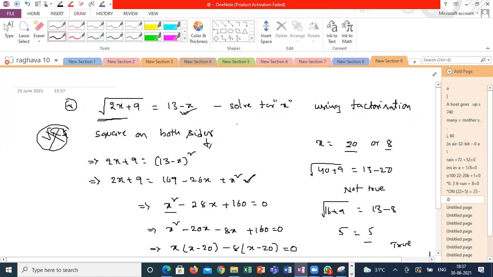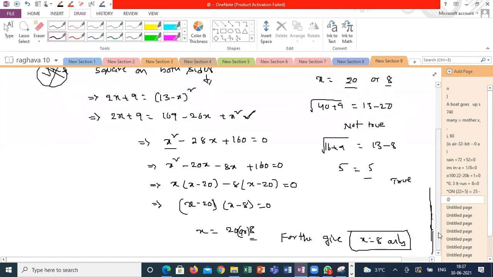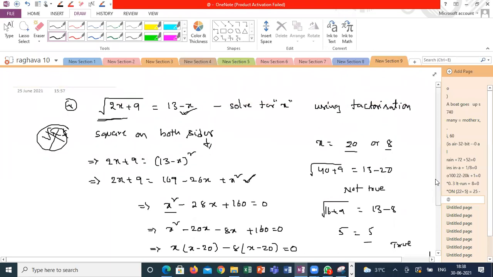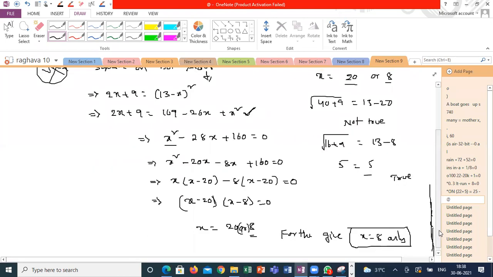When I change the format, I am getting multiple answers. The multiple answers are not always correct for the given question, particularly under the roots, because under the root, negative values are not defined. That's the reason you have to recheck again. If it is without roots, only powers and all, it might be okay. You will get both answers correct always.